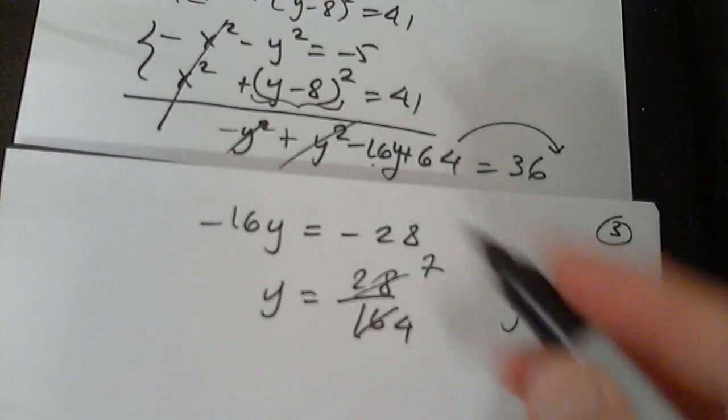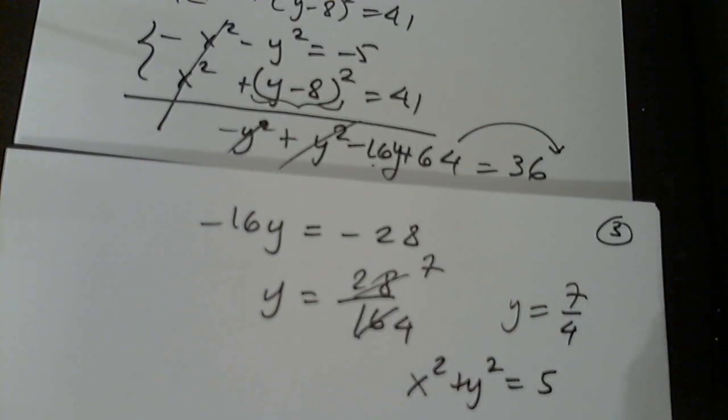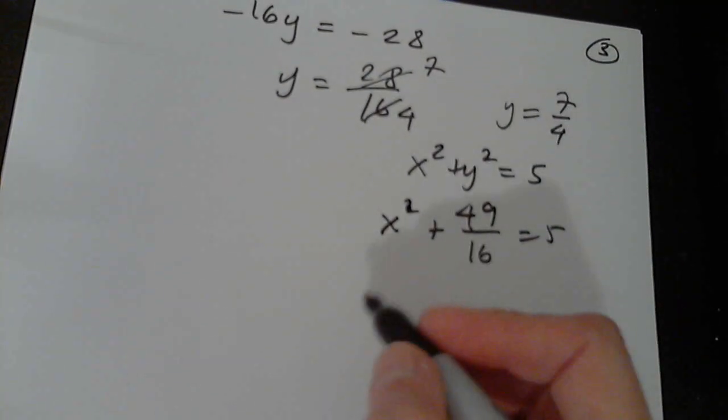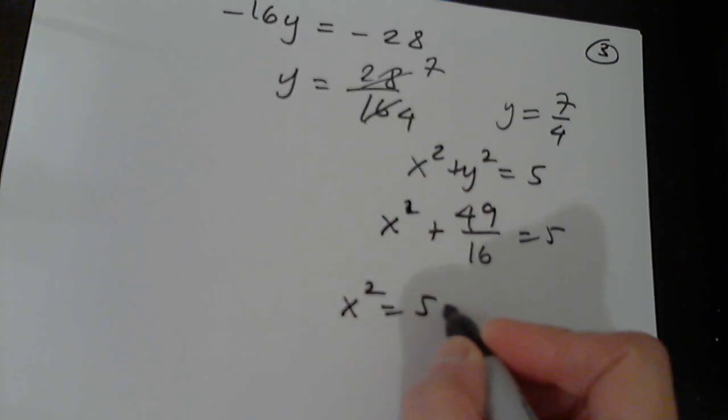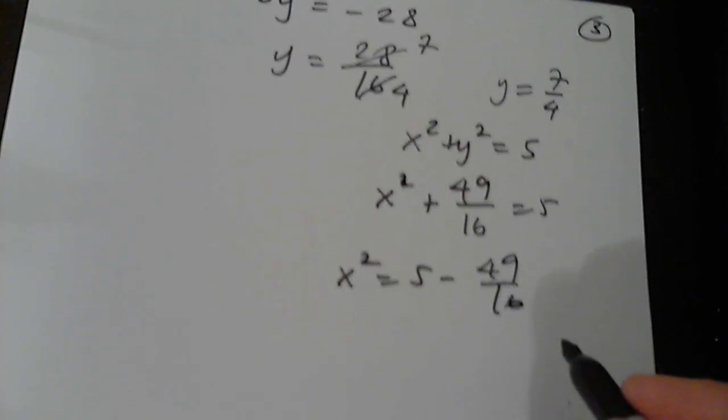I go back to any of the equations. Let's say x squared plus y squared equals 5. I replace y squared by 49 over 16. And now I solve for x squared first. 5 minus 49 over 16.